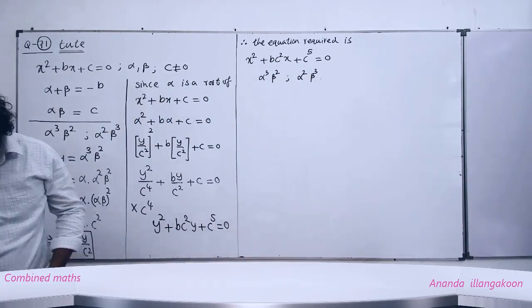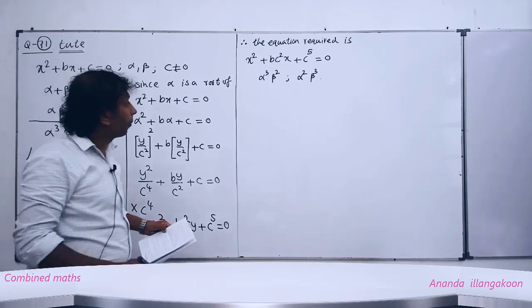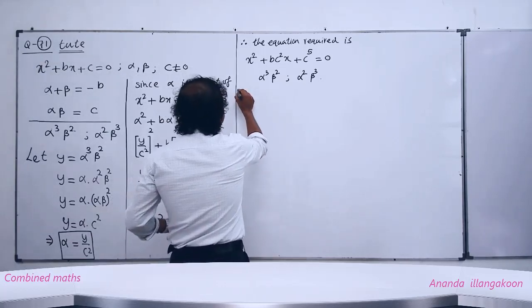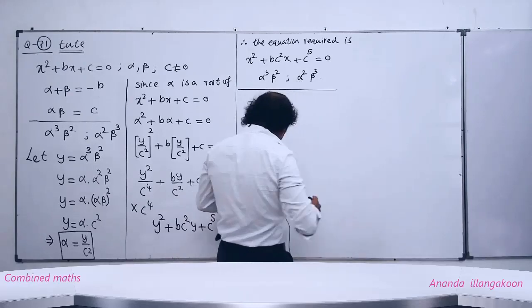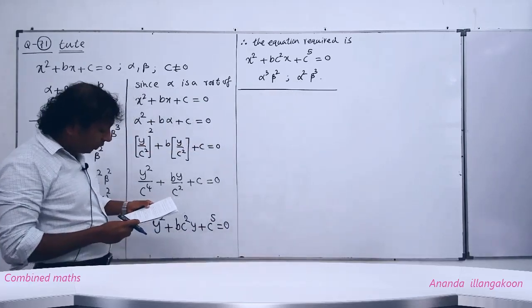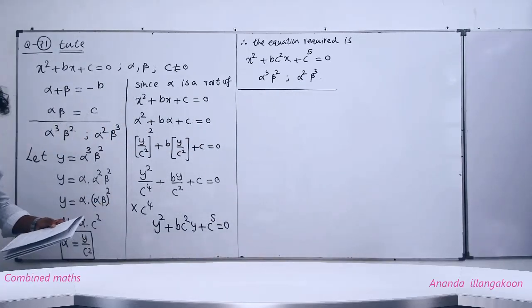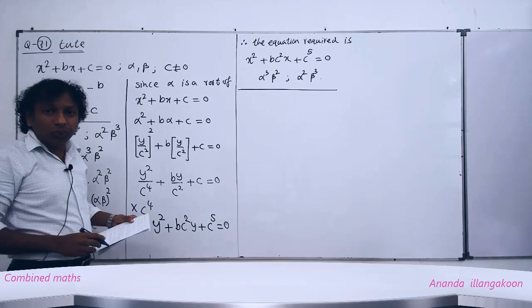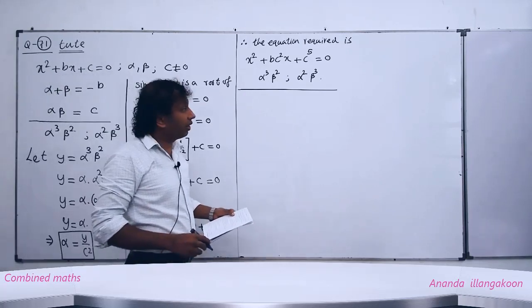What is that? Okay. Hence find the quadratic equation in terms of b and c whose roots are given two expressions. Another one given.